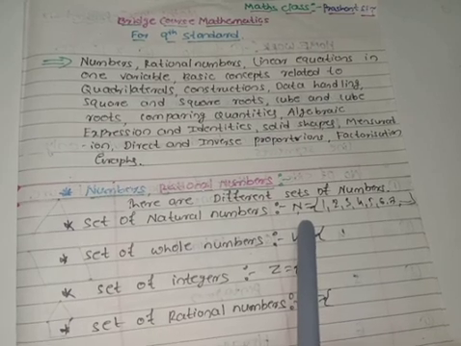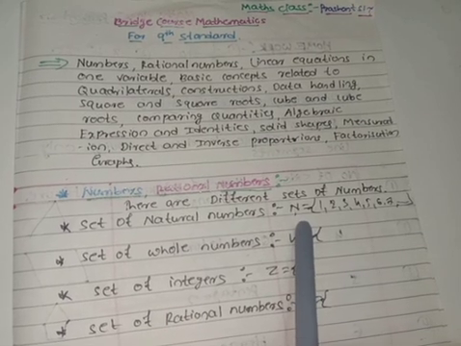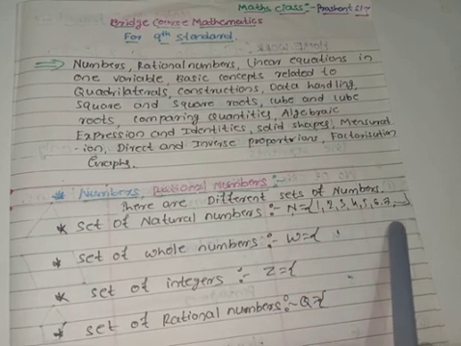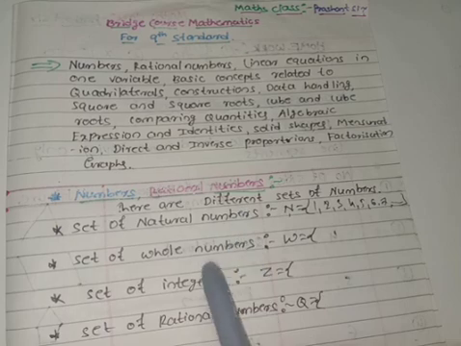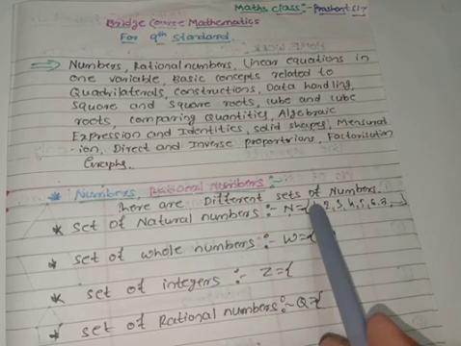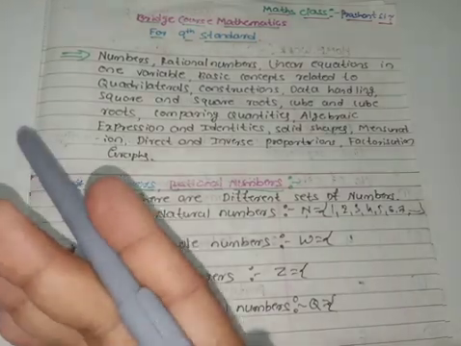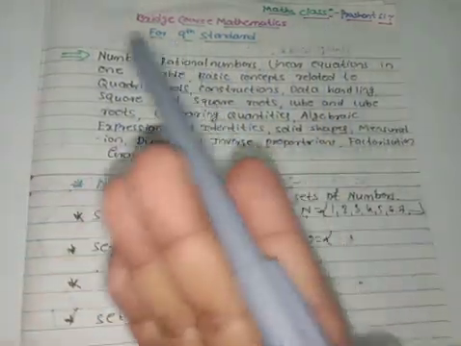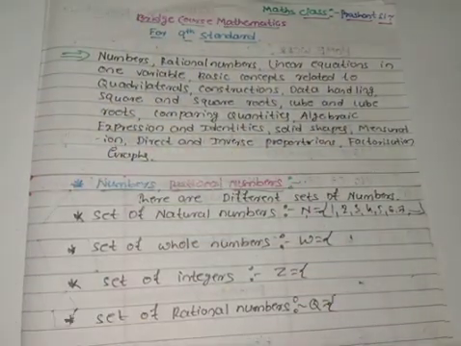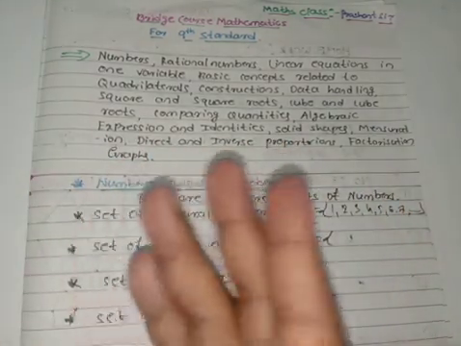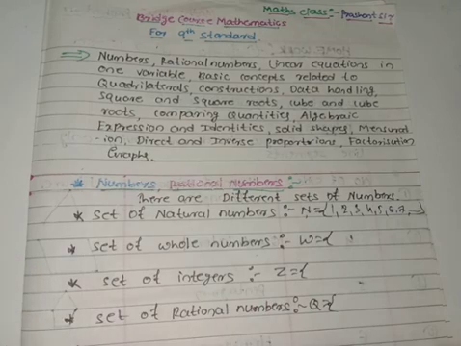Naturally, we are counting and starting with the number 1, 2, 3, 4, 5. Why do we not use 0? I am just asking you: tell me the numbers, and you start from 1 only. Why do you not start from 0?